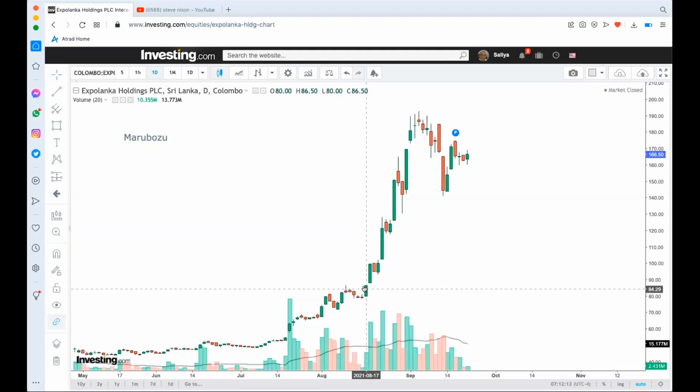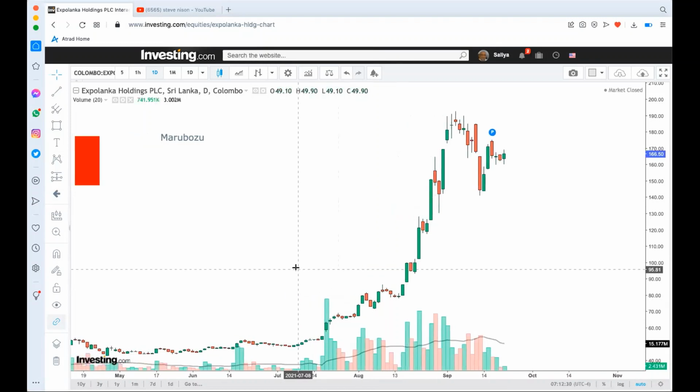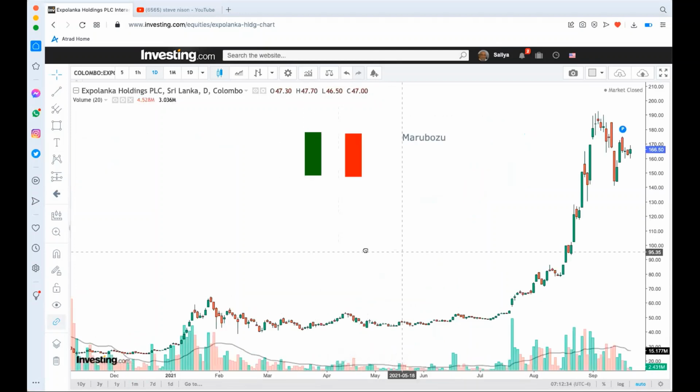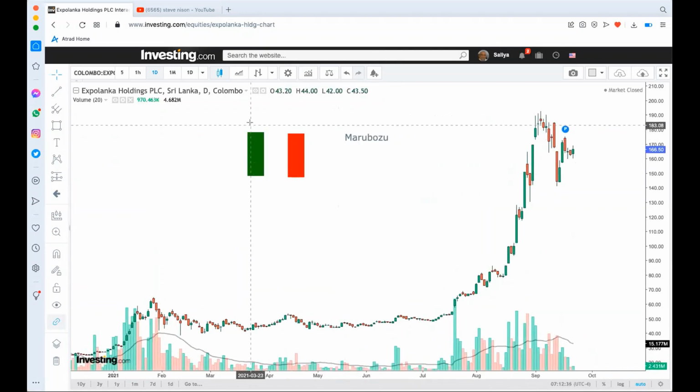And since it was a bullish marubosu candle, the following day we can see a bullish continuation that has happened. There again, there is a small variation, and let me explain what that variation is all about.